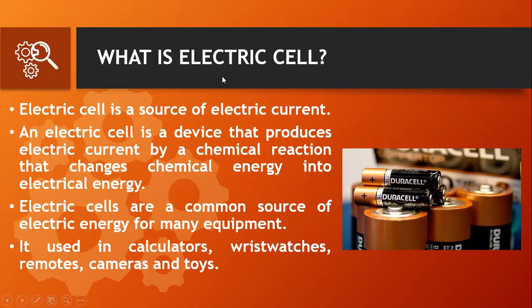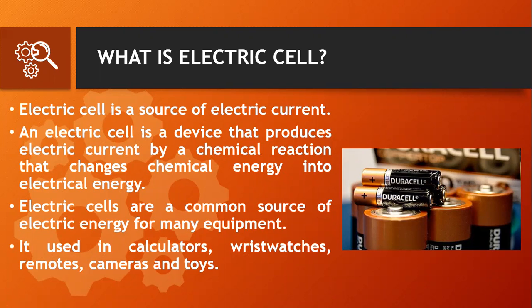As we have just studied, these are the sources of electric current. The first source we are going to study is the electric cell. An electric cell is a device that produces electric current. But how does a cell produce electric current?